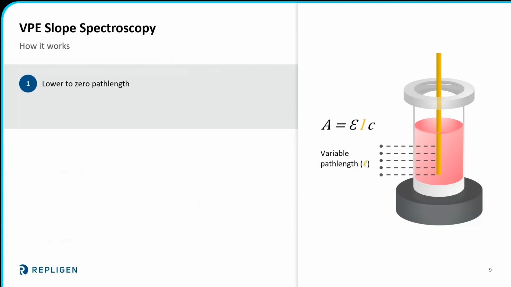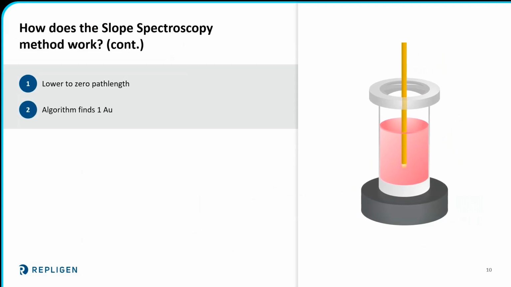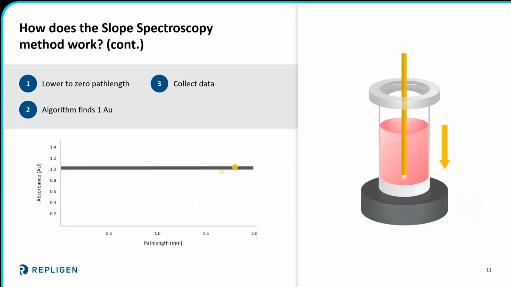Once the fibrette zeroes at the bottom of the vessel, the search algorithm will dynamically change from small path lengths to large path lengths, monitoring for one absorbance. It's our target absorbance threshold within the software. Once the software finds the one absorbance path length, it will then collect between 5 to 10 data points worth of collection data to plot the slope regression.